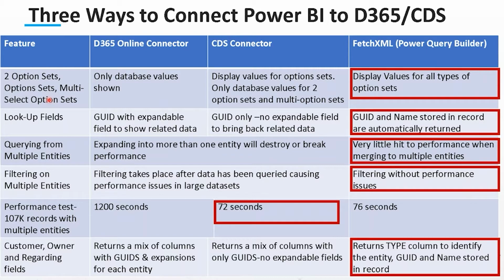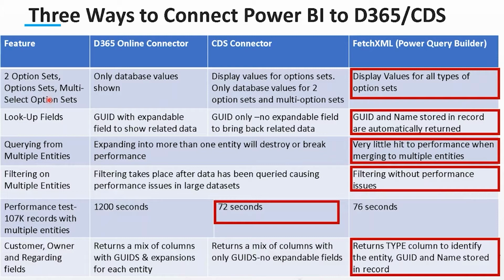And then finally, how these connectors handle, I know a lot of you are not super familiar with Dynamics 365, but in Dynamics 365, there are some fields that are, I think, a little bit strange. They point to more than a single table. So if you ever see the field called customer, it points to both accounts and contacts.